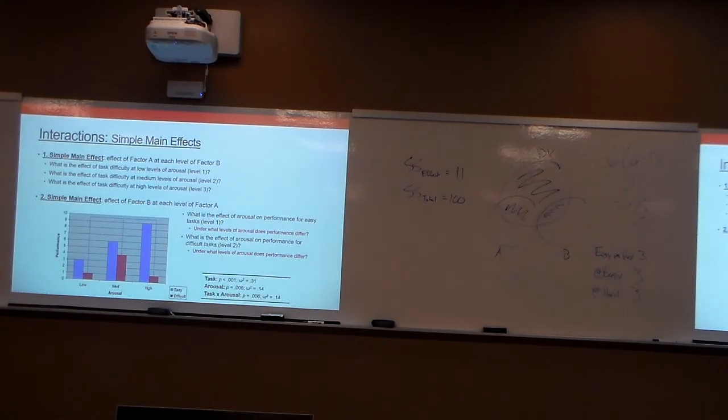Let's say I had an a priori hypothesis. Based on this inverted U-curve, for individuals completing difficult tasks, my assumption was that people at medium levels of arousal would outperform people at either low or high, right? What does that hypothesis correspond to?